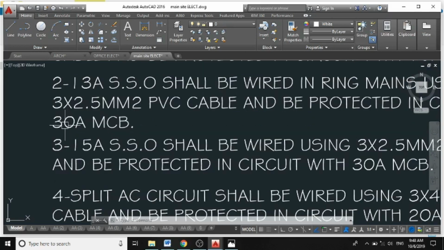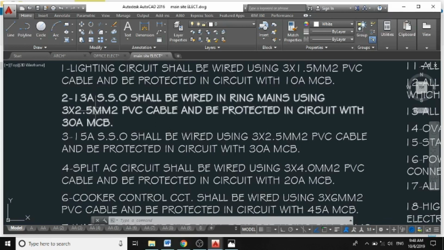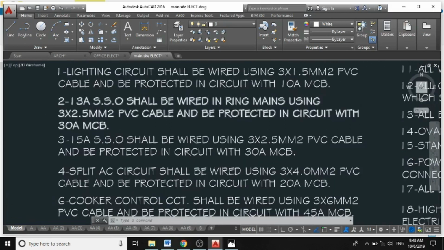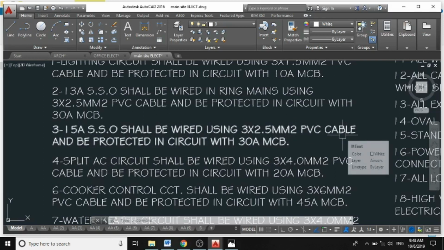That means our circuit will be a 30 amp circuit and the wiring will be 2.5 mm. Moreover, my 15 ampere sockets shall be wired using 3 by 2.5 mm PVC cable also, and be protected in a circuit with a 30 ampere miniature circuit breaker.